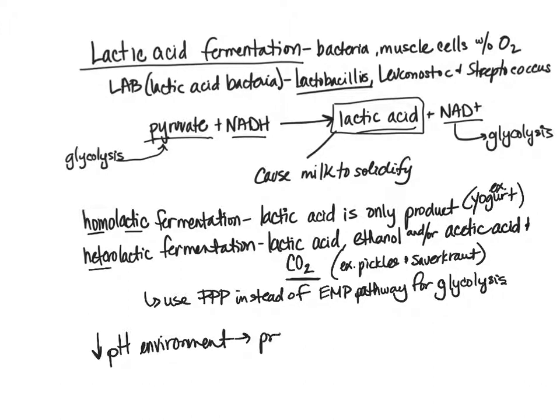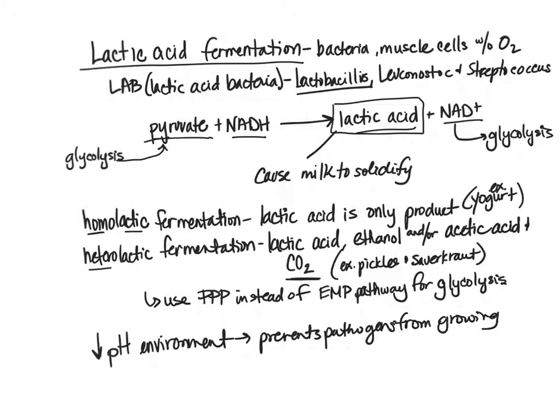And it prevents pathogens from growing. So in this case, when we're fermenting some sort of food product, it ends up being safe because we're only growing that particular bacteria, for example. And then it's going to restrict the growth of other pathogens.